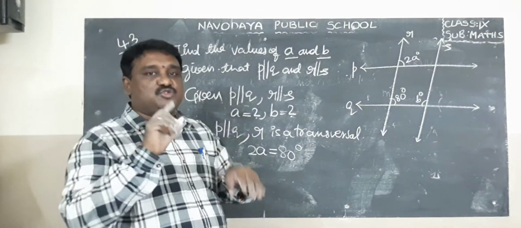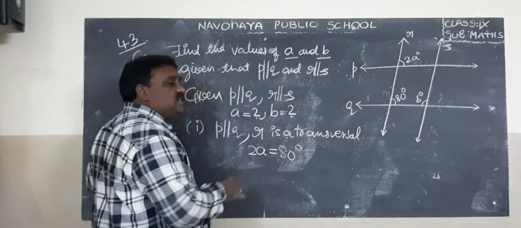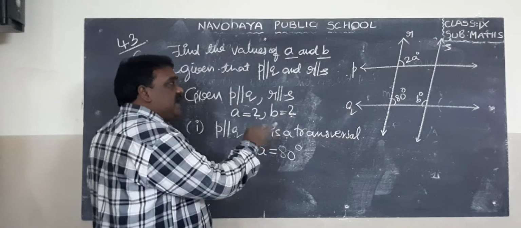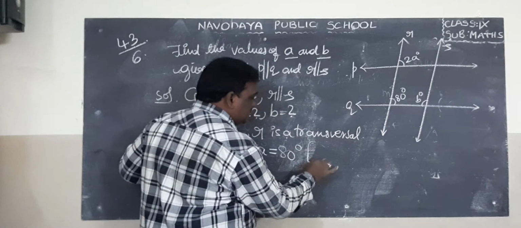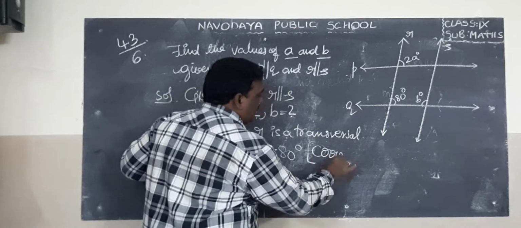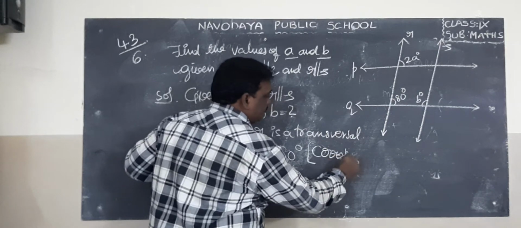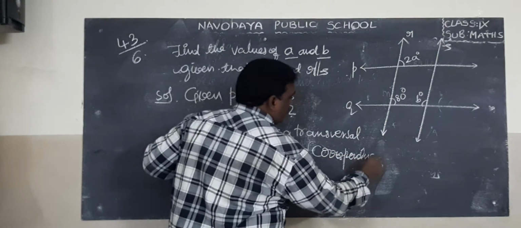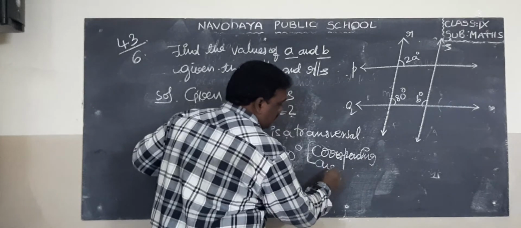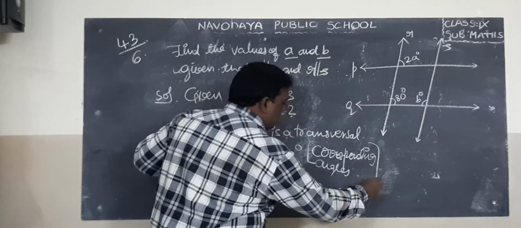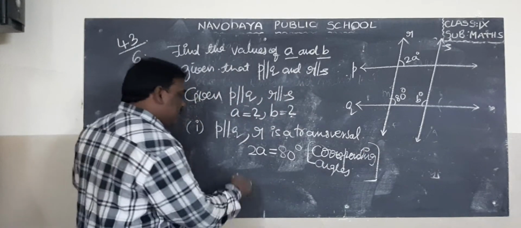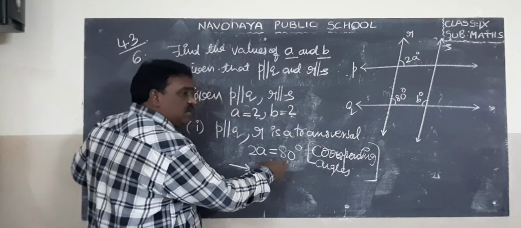These are the points to observe. So which angles are equal? 2a and 80 both are equal. What is the reason? Corresponding angles.